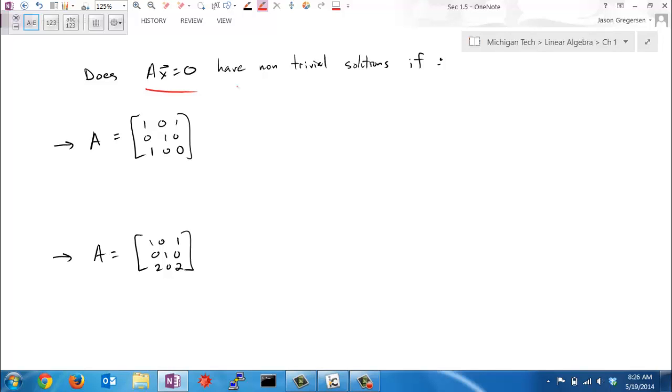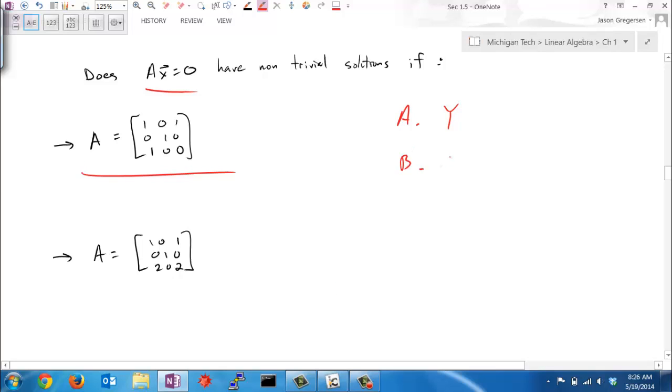So the question now is, do these things have non-trivial solutions? So for this one, A says, yes, there are non-trivial solutions. And B says, no, there are not non-trivial solutions. I'm going to start my clicker thing going, and you can go ahead and answer one of those.